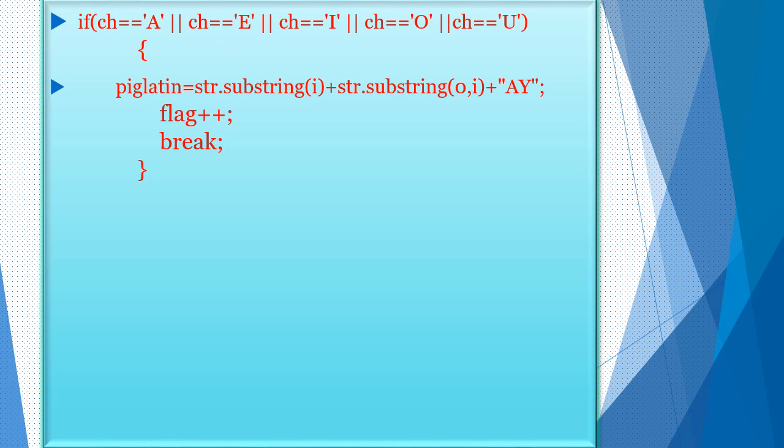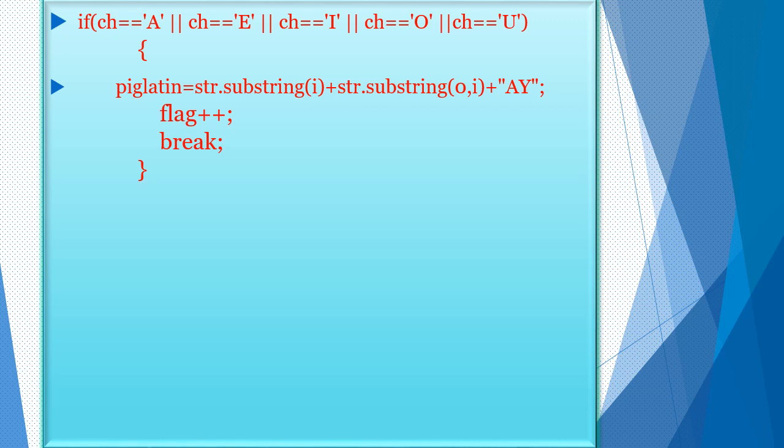That is why we have written the statement here: word equals str dot substring i plus str dot substring 0 comma i plus AY. That means all the alphabets starting from the index position of the vowel, plus the alphabets before the vowel, plus the string AY at the end.